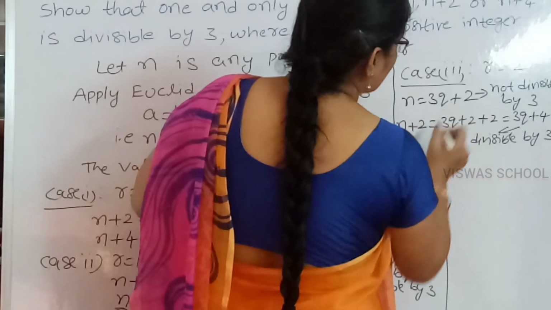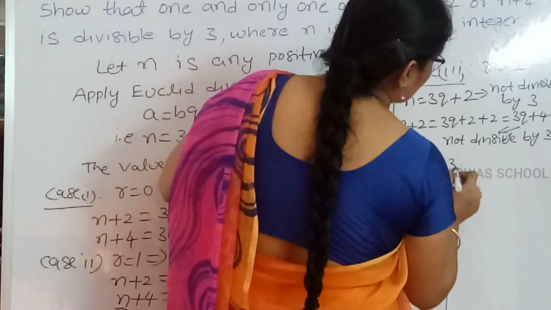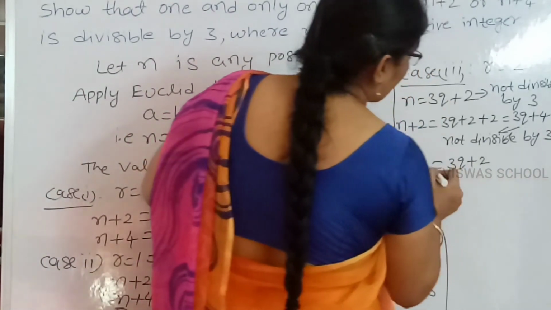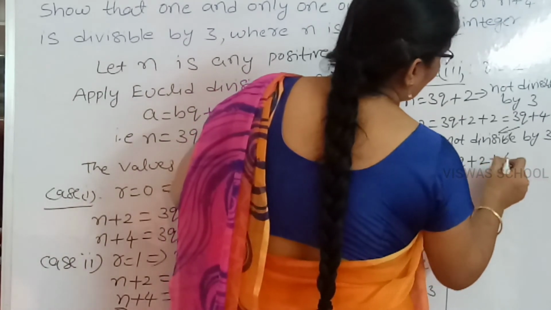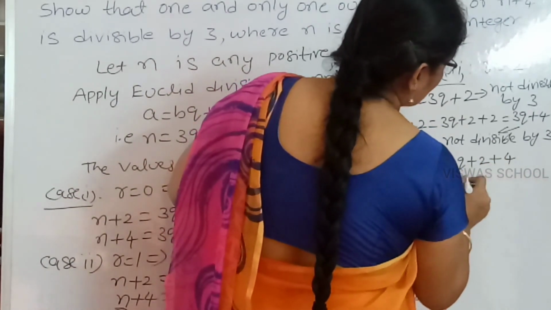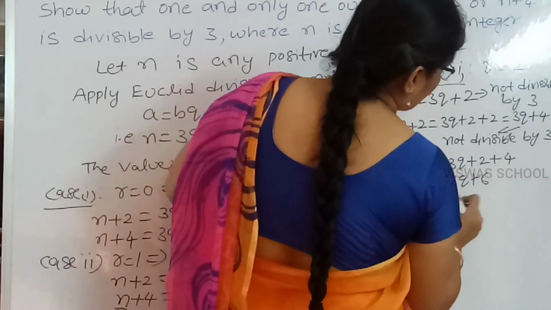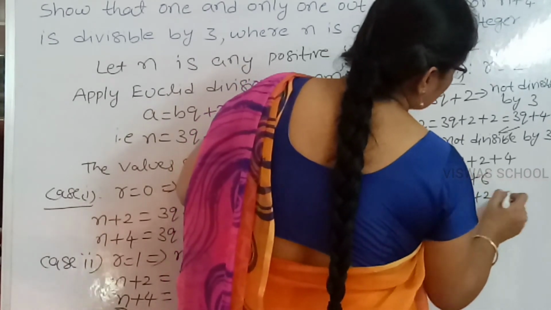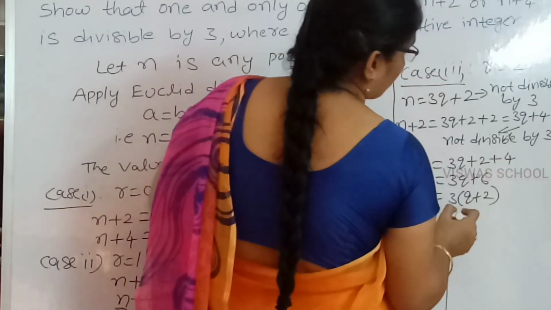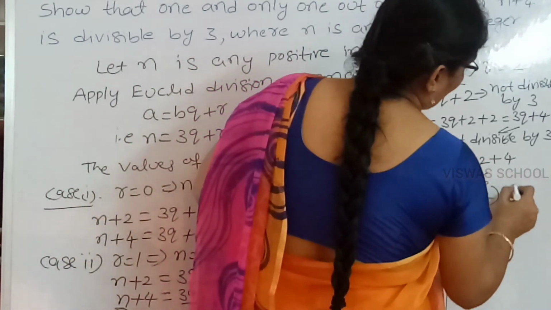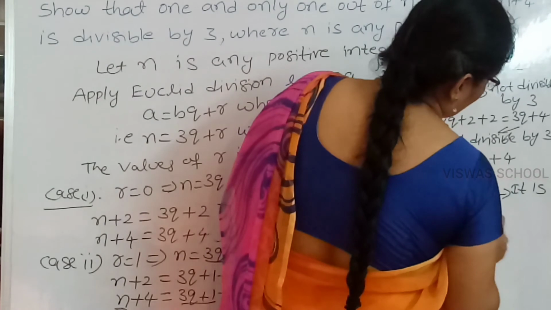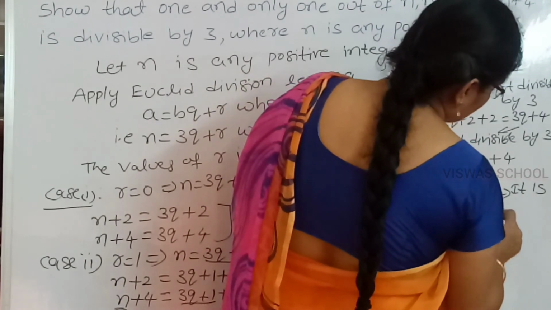What is n value here? 3q plus 2, and here we have plus 4. That equals 3q plus 6. Take 3 as common, 3 into q plus 2. That is, it is divisible by 3.